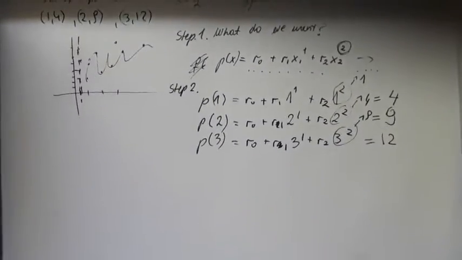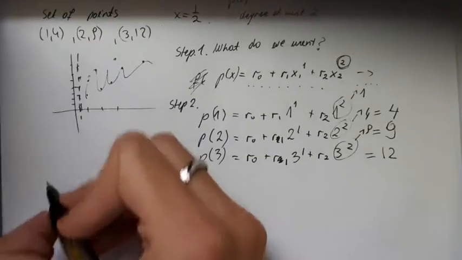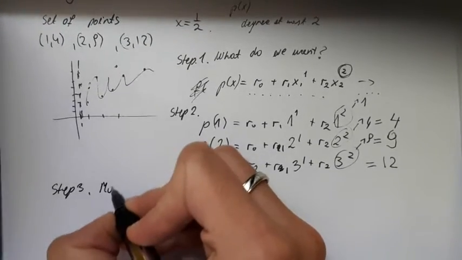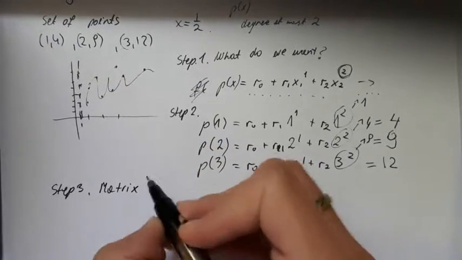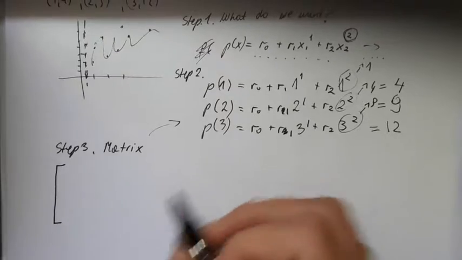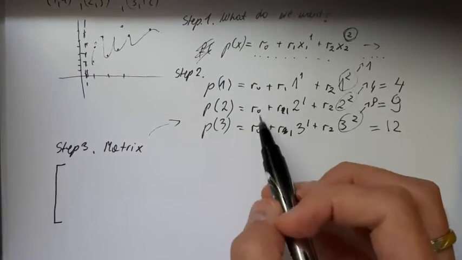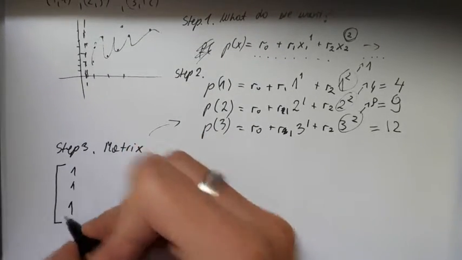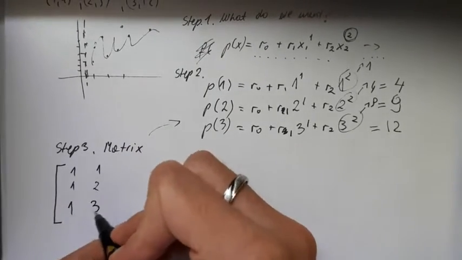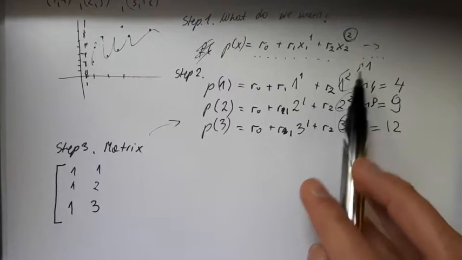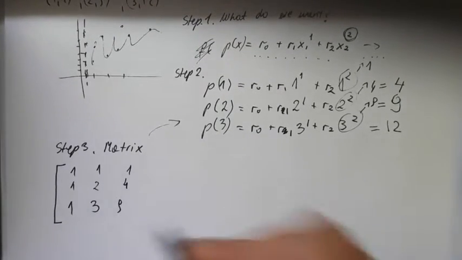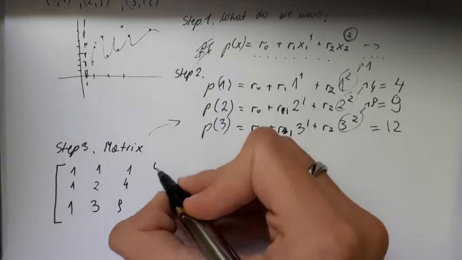Step 3: construct a matrix out of this. So 1 1 1, 1 2 3, 1 4 9, and then 4 9 12.